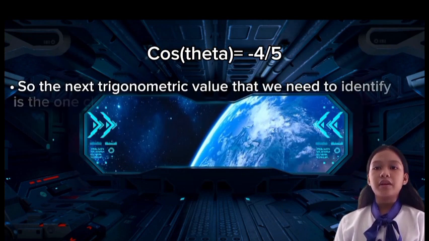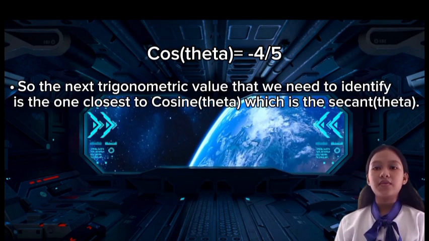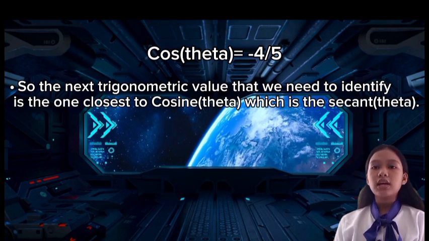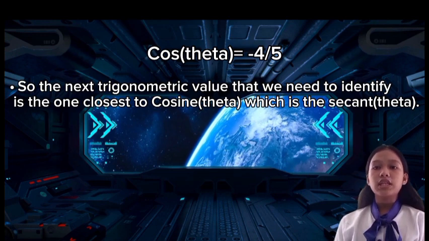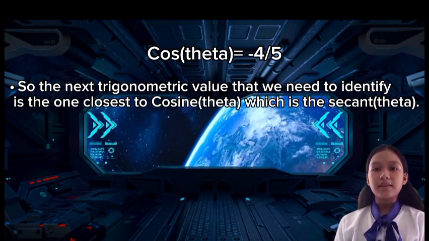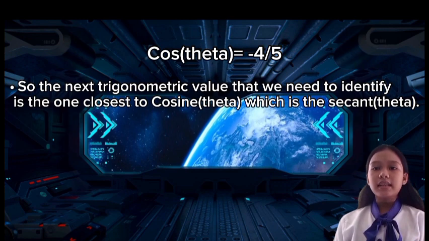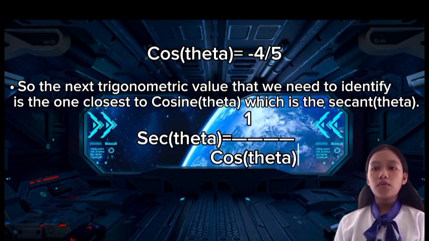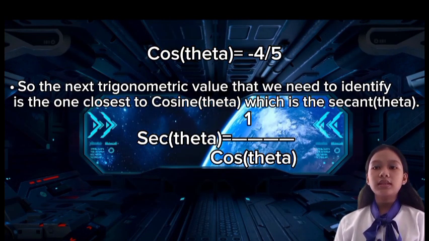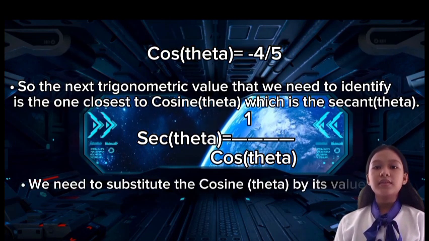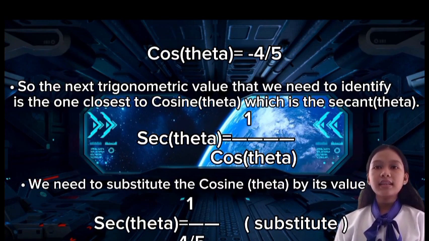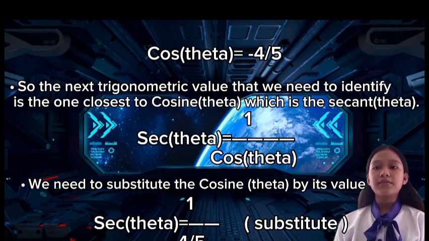So the next trigonometric value that we need to identify is the one closest to cosine theta, which is the secant theta. Secant theta is equal to 1 over cosine theta. We need to substitute the given value of the cosine theta. So secant theta is equal to 1 over negative 4 over 5.